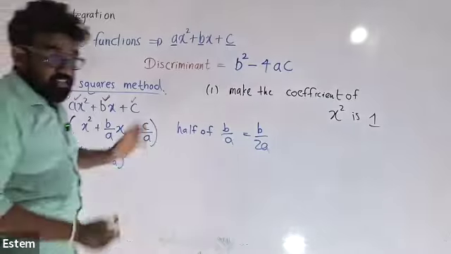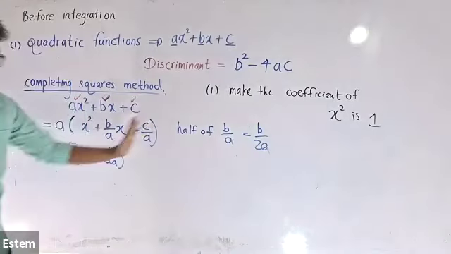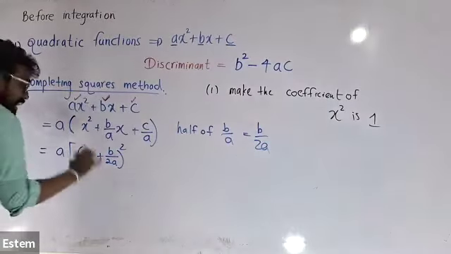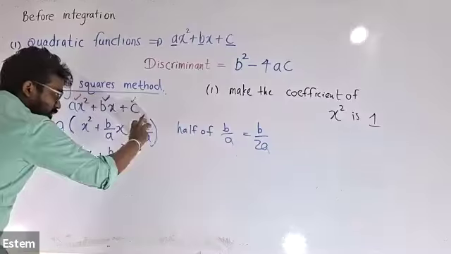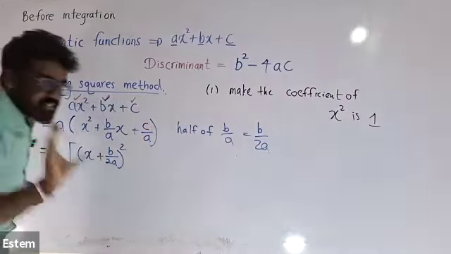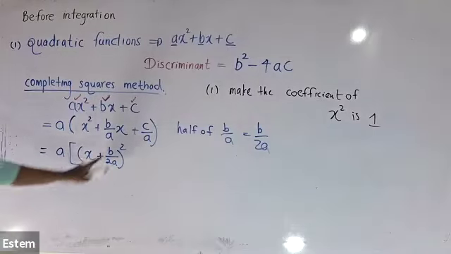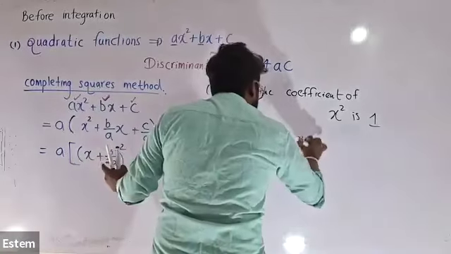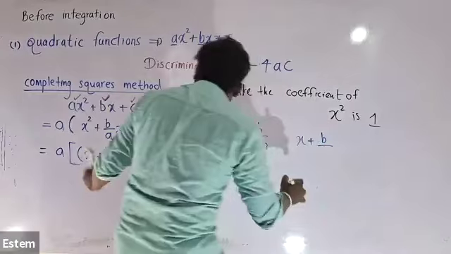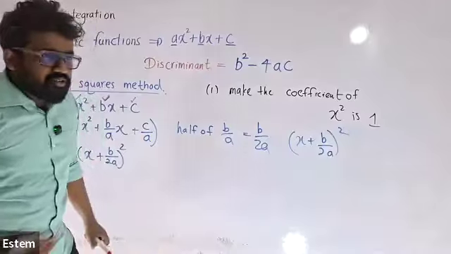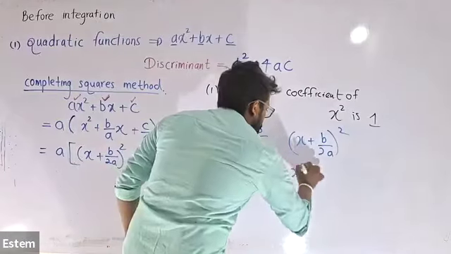I will do more examples from this using numerical values, so please wait and see this. There is Q and A also, and please ask. When I expand this, x plus b over 2a entire squared, what's coming? x squared.